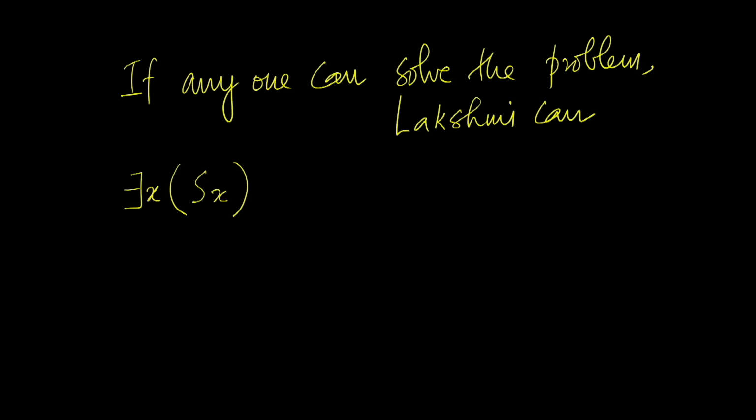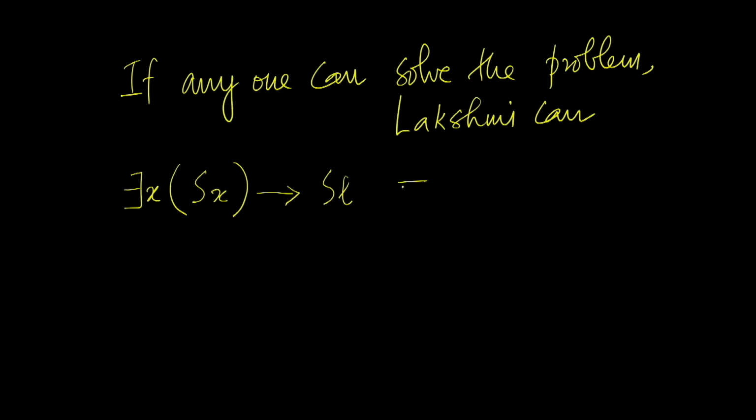This asserts that someone can solve the problem. Now we have an implication, if anyone can solve the problem, in other words, if there is someone who can solve the problem, then Lakshmi can solve the problem. Let small l denote the individual Lakshmi. So the statement now asserts that if there is some x that can solve the problem, then Lakshmi can solve the problem. So this is a translation of the given statement.